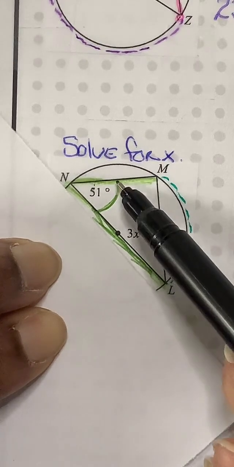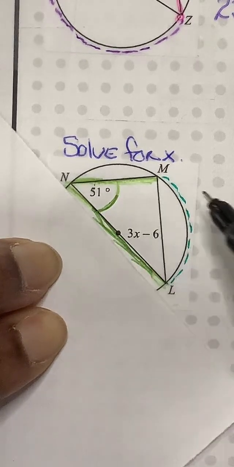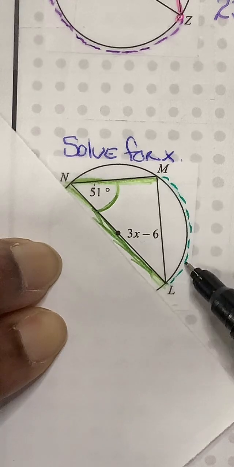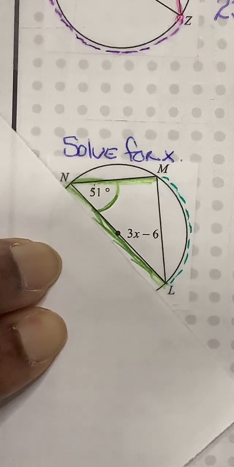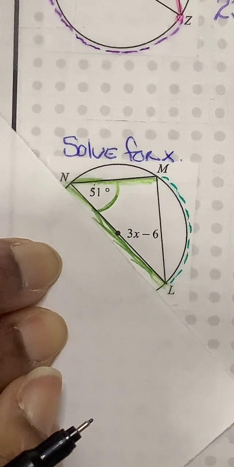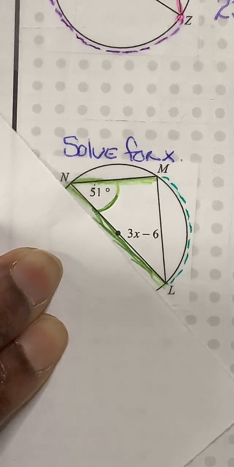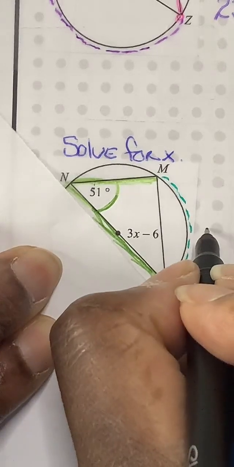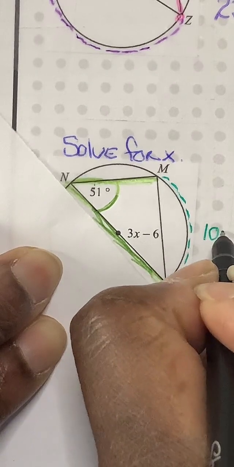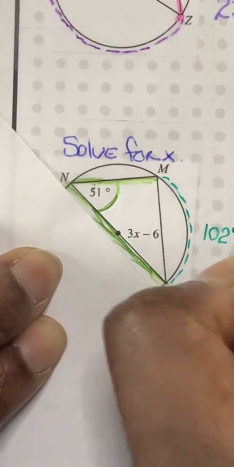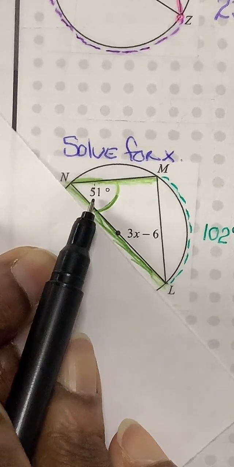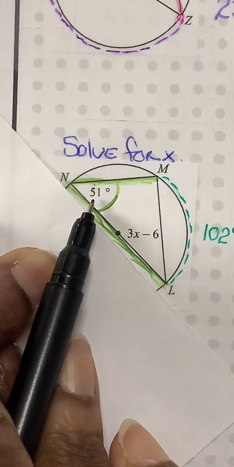So if this inscribed angle is 51, what's the measure of the arc that's out here? Okay, so I got 102. Because all we had to do is double the 51.